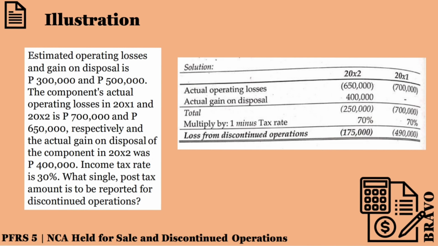We're going to deduct the 30% tax and we will have the loss from discontinued operations of 490,000 on 20x1 and 175,000 on 20x2. Estimated operating losses and gain on disposal are just disregarded.